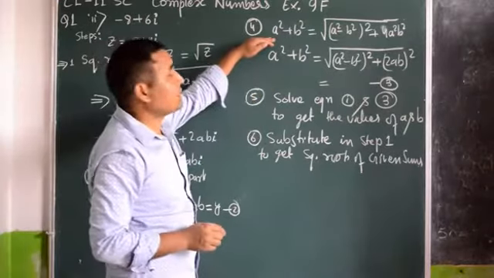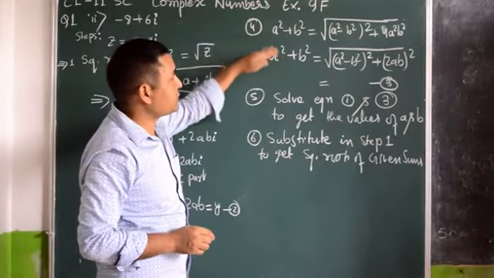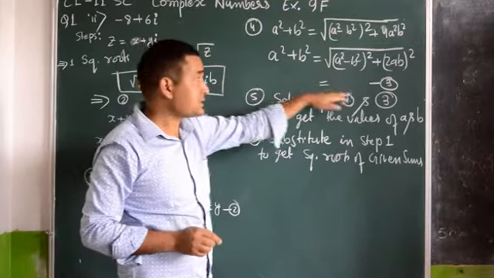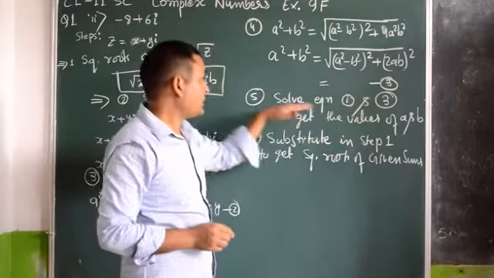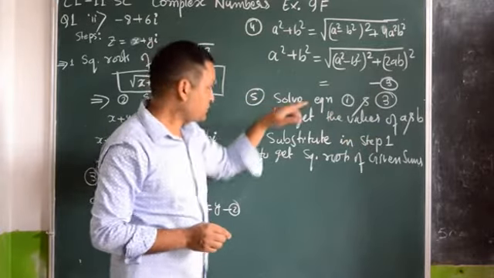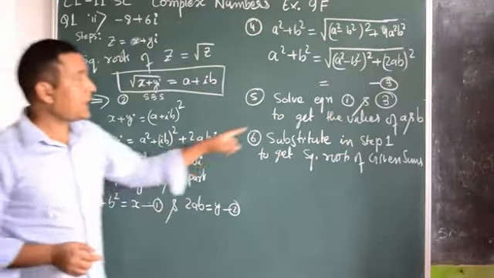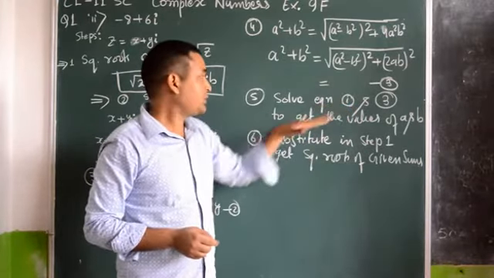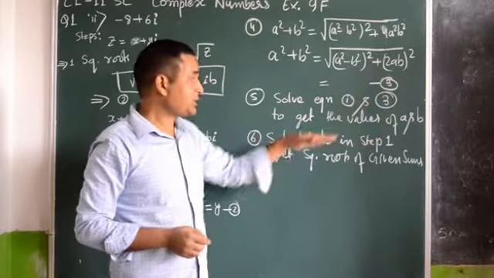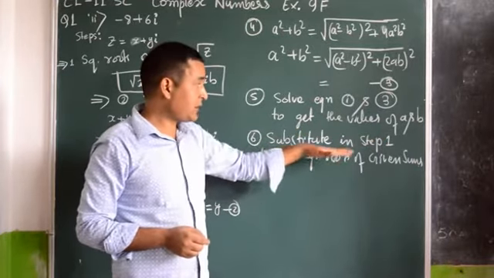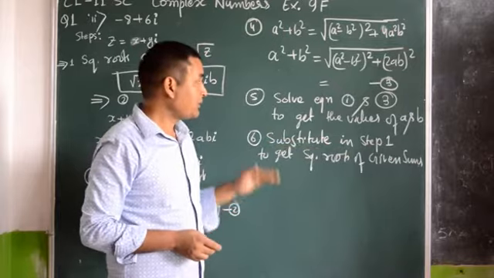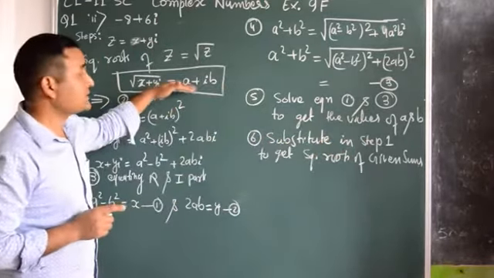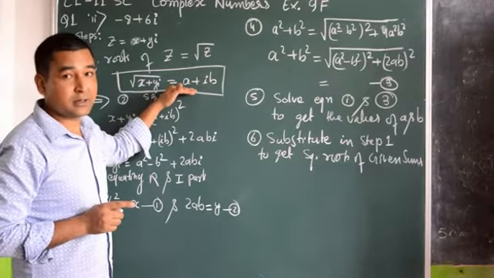Then we use the formula in step 4 to get the value of a square plus b square, which is considered equation number 3. Then in step 5, we solve equation 1 and equation 3 to get the values of a and b. After getting the values of a and b, we substitute them in step 1 to get the final answer.